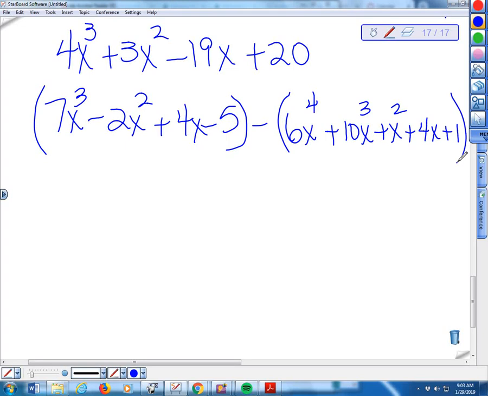Let's do -1 here. So I'm subtracting these.